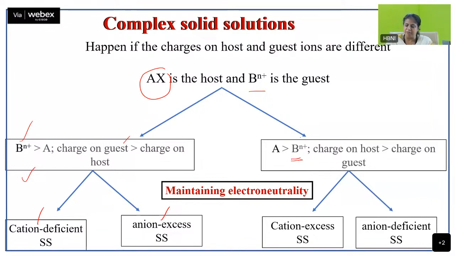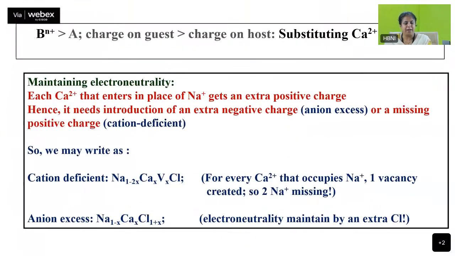So you will also have to decrease the negative charge. And in that case, you will form anion deficient solid solution. Or you increase the positive charge, put more cations, and that will give you cation excess solid solution. So we'll talk about one or two examples for all of this, and let's see how it happens.